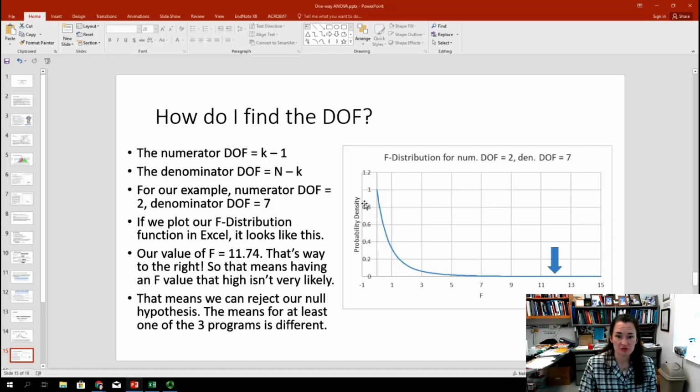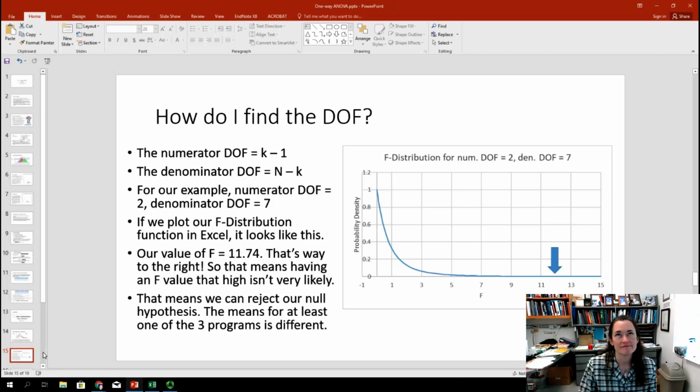You can see that the probability density is a really small number out there, where F is 11.74. That means that having that F value that high isn't very likely, and so we could already probably guess that we're going to reject that null hypothesis, which would mean that at least one of those three programs gives you a different result, and the means don't overlap.